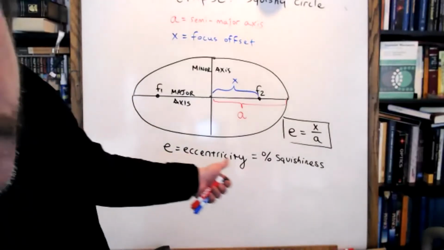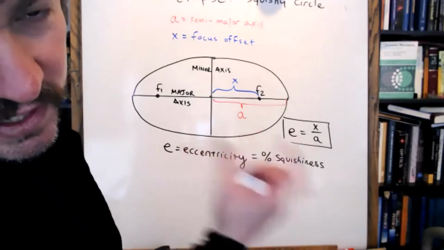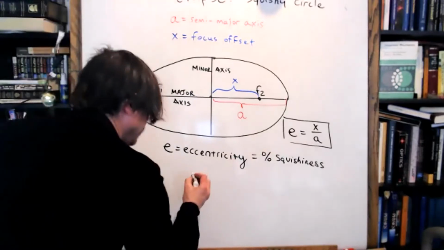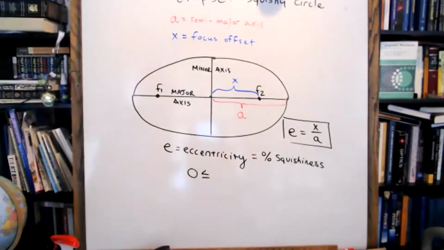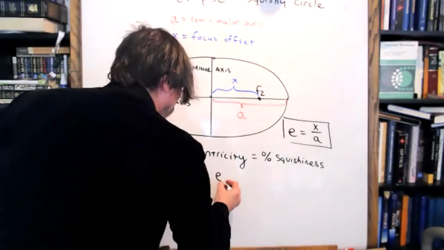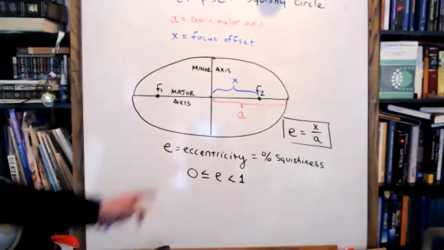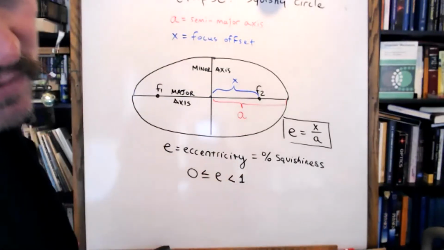Because eccentricity is percent squishiness, you guys know that percentages are a number between 0 and 1. The domain of E is 0 or above, but always less than 1. So I'm using our math inequalities here. E can be equal to 0 or greater, but always less than 1.